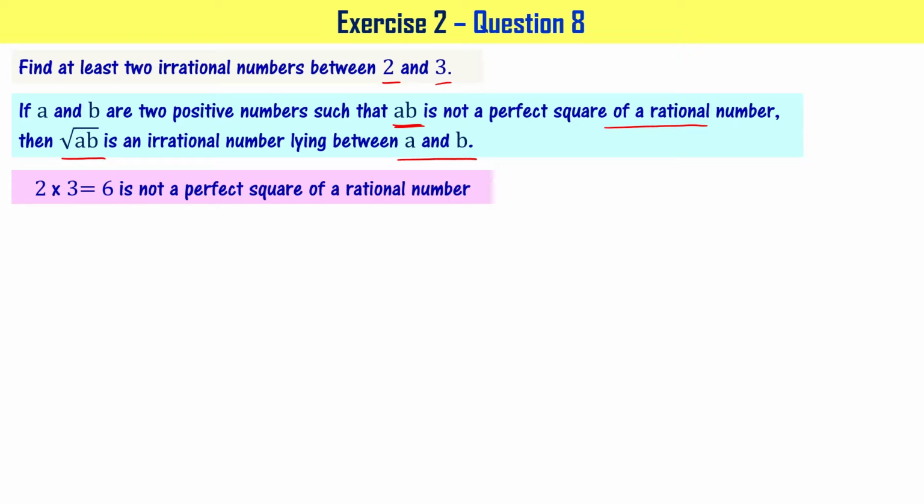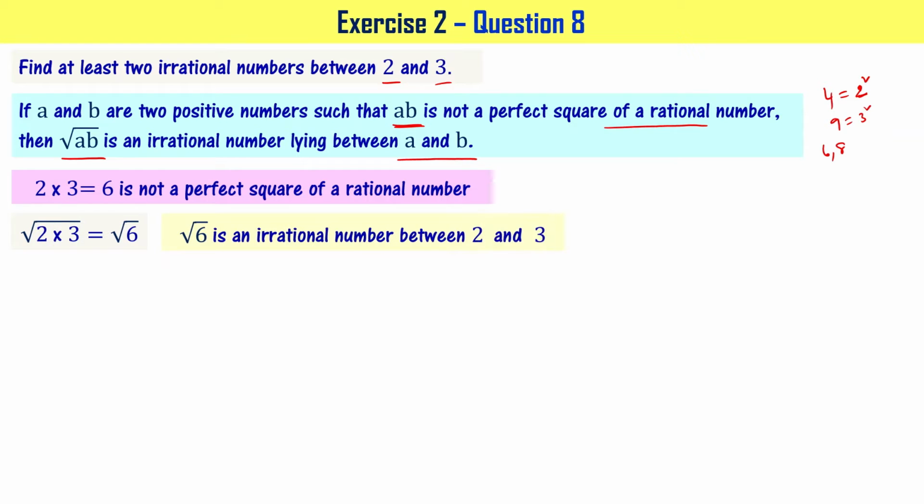For example, 4 is a perfect square of 2, I'm writing it as 2 square. 9 is a perfect square of 3. 8 is not a perfect square. Similarly, 6 is not a perfect square of a rational number, right? So since 6 is not a perfect square of a rational number, root 6 is an irrational number lying between 2 and 3.